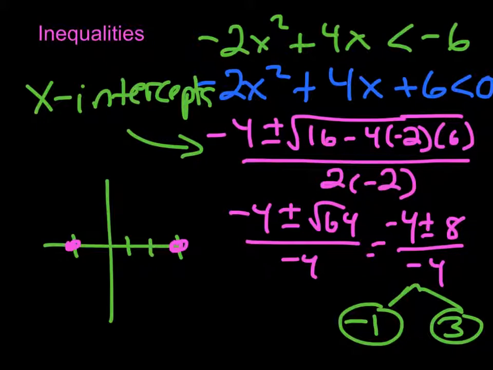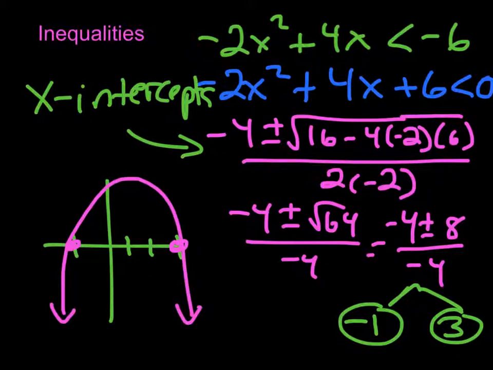Now the other important thing that you really need to notice is this negative 2. This tells me that this parabola opens upside down, right? So make sure you're looking at that. If you want, you could take the time to find the vertex. If you did negative b over 2a, you would get a vertex here, which would clearly tell you that the vertex is above the x-axis.